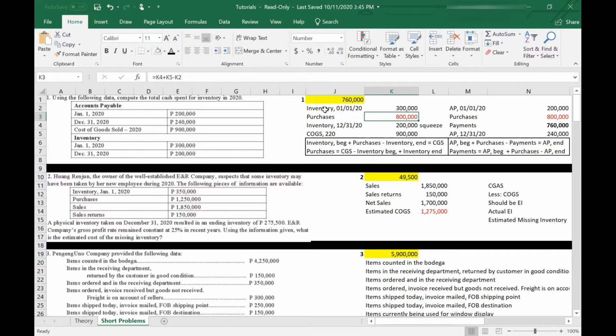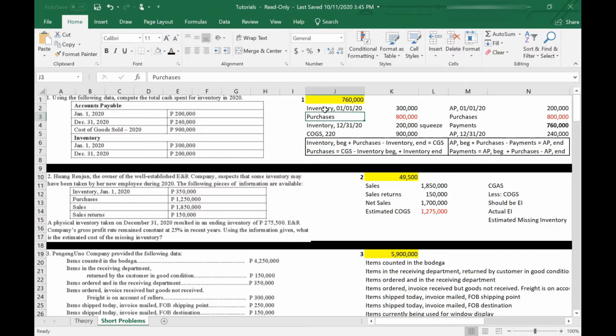That is your cost of goods sold minus inventory beginning plus inventory end. Because the basic equation is that inventory beginning plus purchases minus inventory ending is equal to your CGS. Therefore, for you to get your purchases, you deduct inventory beginning from your CGS, and then you add inventory ending. By following this formula, you'll get your purchases amounting to 800,000 pesos.